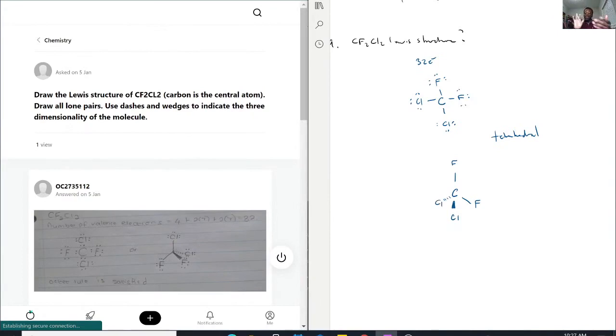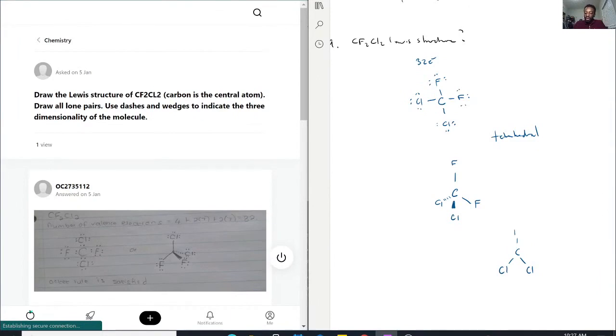So if you rotated it this way, to where now the 2 Cls are on the same plane, then this fluorine is sticking out of the page and this one's sticking, oops, sorry. If we rotated it like that, you wouldn't even be able to see this.